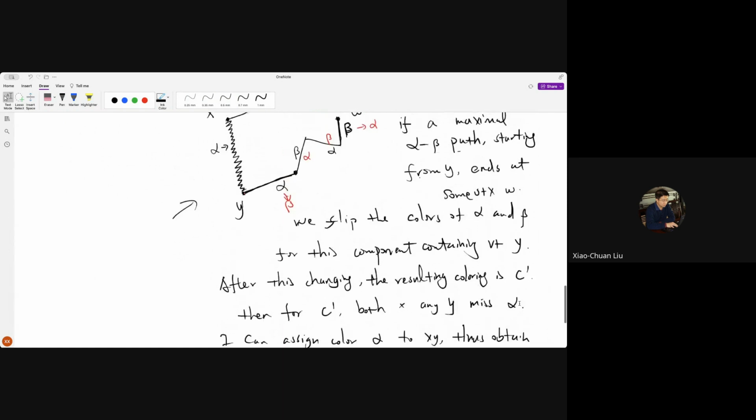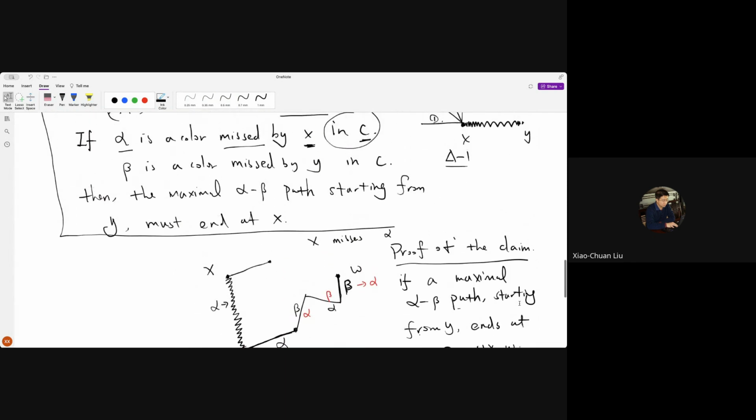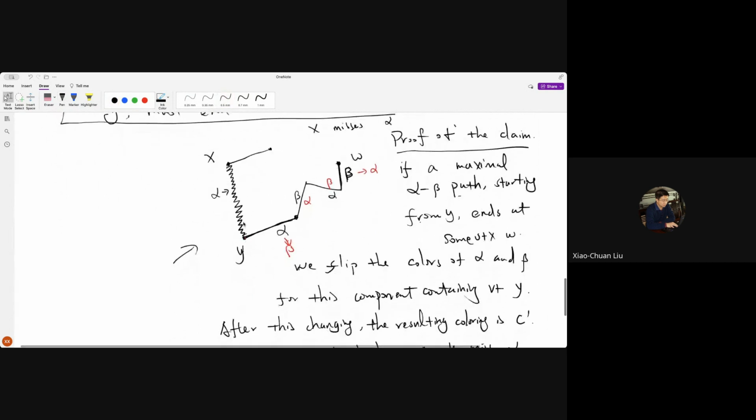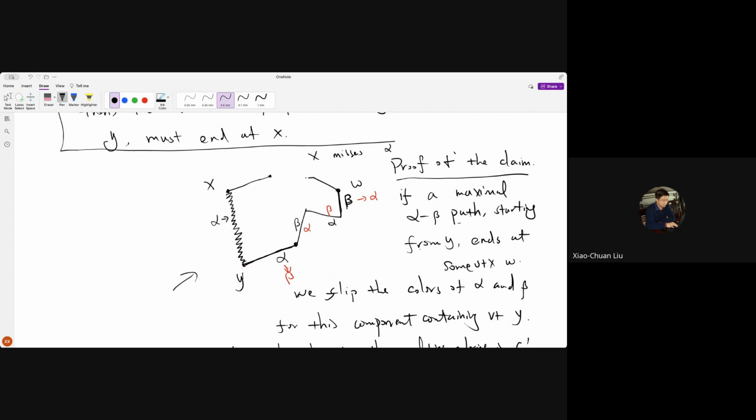So this is the claim. The proof is really similar to what we have seen before. We choose a maximum path and we claim that the path must end here.